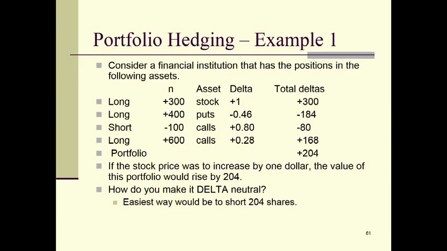So we talk about delta hedging requiring constant rebalancing, right? Because even if the stock price doesn't change, time continuously moves on, right? So with the change in time, your delta is going to change as well. So therefore, if you want to do delta hedging, you must always be conscious of the dynamic hedging involved.